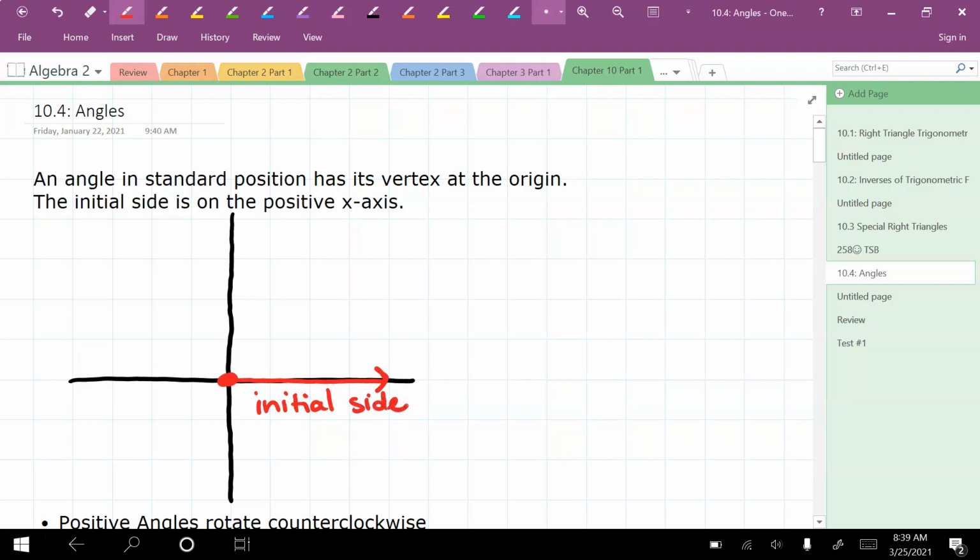The other side of the angle, the other ray, forms what the angle looks like. This can change depending on how big or how small of an angle we have. That's called the terminal side.